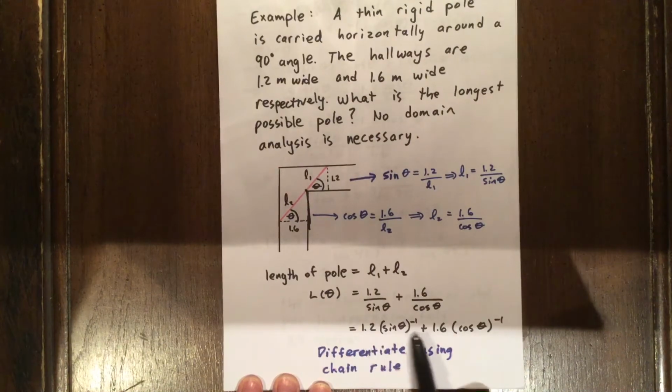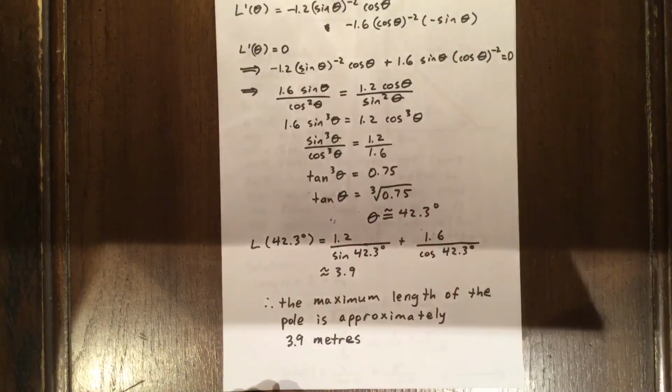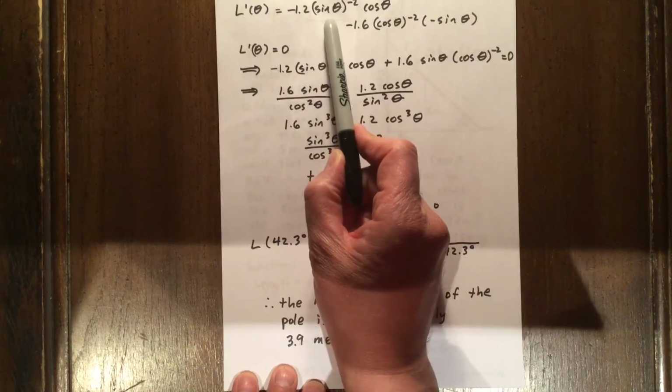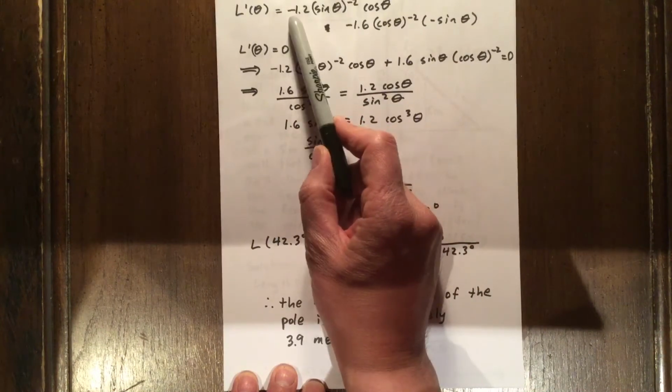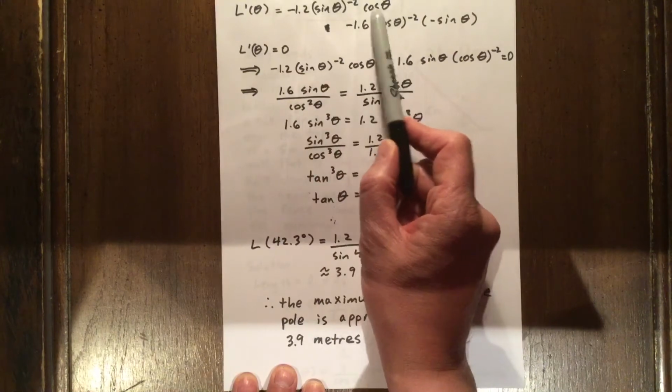Now we can re-express this this way if we like, and now we're going to differentiate this expression and set it equal to 0. So the derivative of 1.2 times sine theta to the negative 1 will be negative 1.2 block to the negative 2 times the derivative of the block.